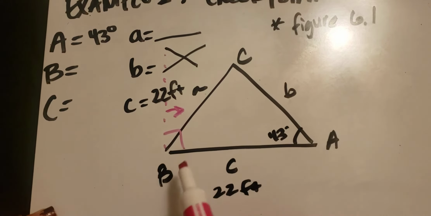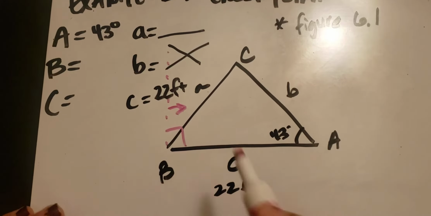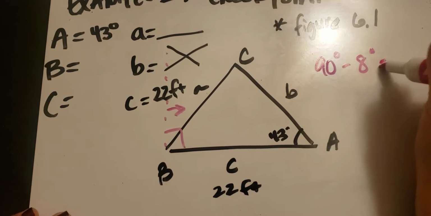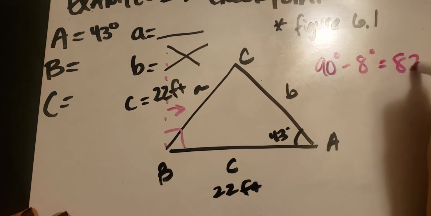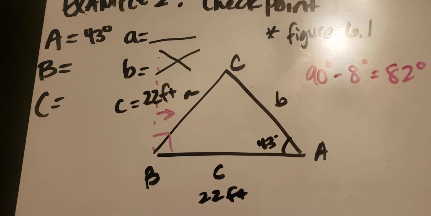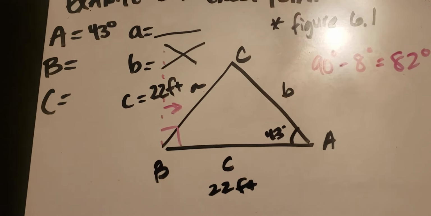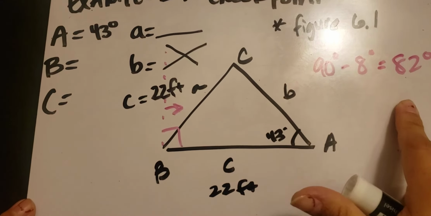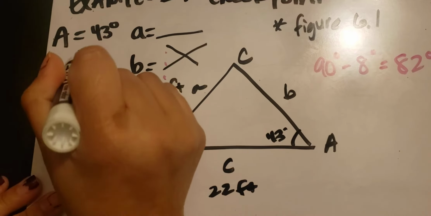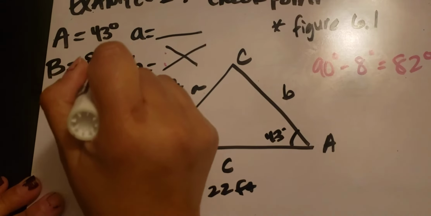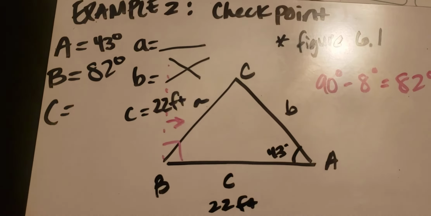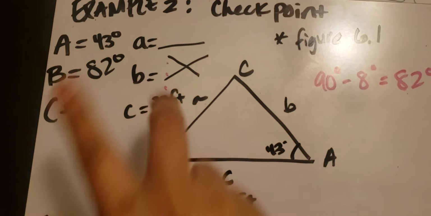In order to get angle B, you take 90 degrees and subtract 8 degrees, and you end up with 82 degrees. So in a way, this is technically given to you. It might not be given in the sense that they tell you it's 82 degrees, but you do the math this way. So all we have to find in this example is angle C and side A, just those two.